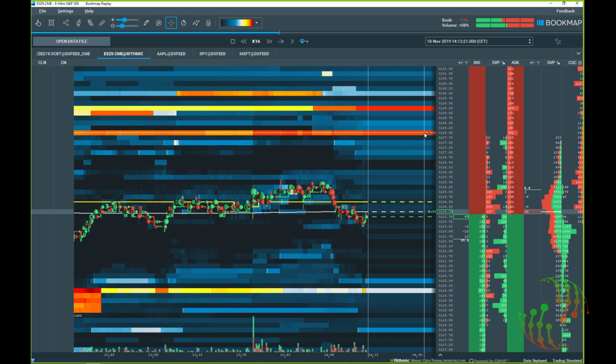Once you understand that this line is not reliable because it's 300, not enough to resist the price, you will learn to distinguish between reliable liquidity and not reliable liquidity.